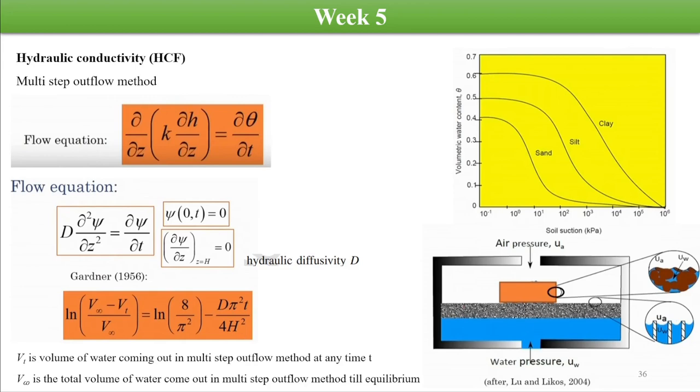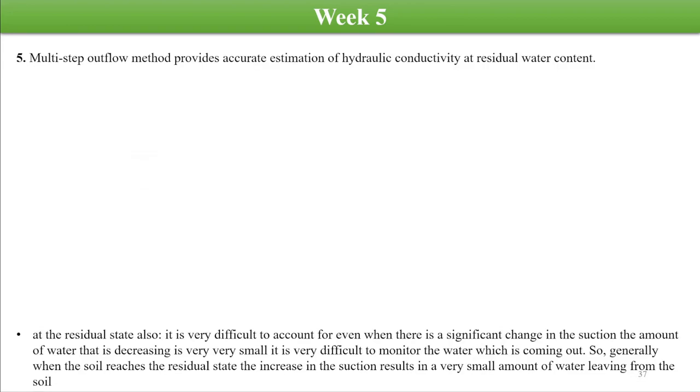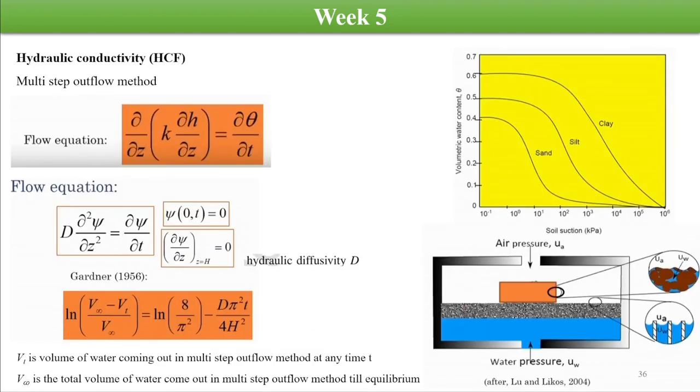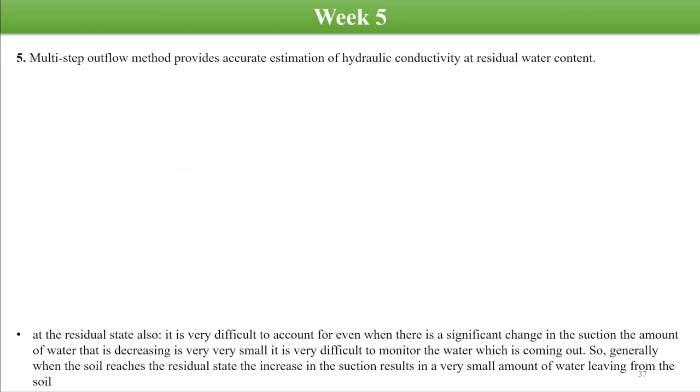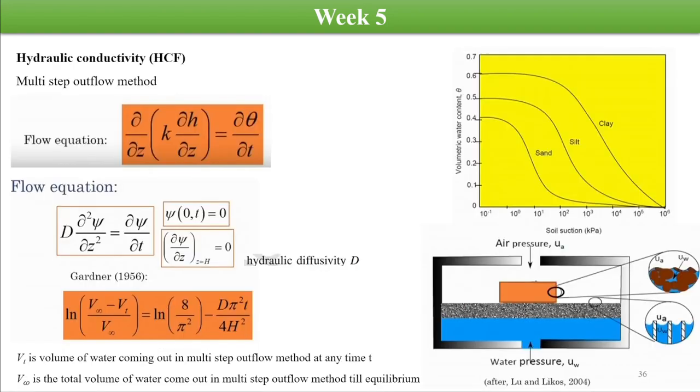Okay, so the next statement is that the multi-step outflow method, which we have read earlier, which is used to determine the hydraulic diffusivity, provides accurate estimation of hydraulic conductivity and residual water content. So what is the residual water content?